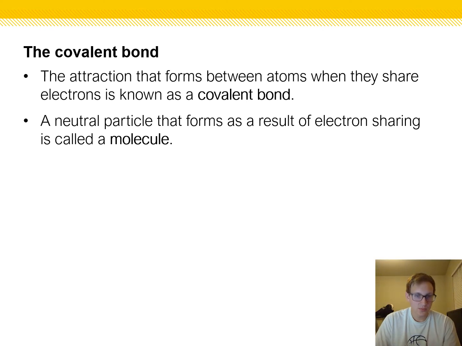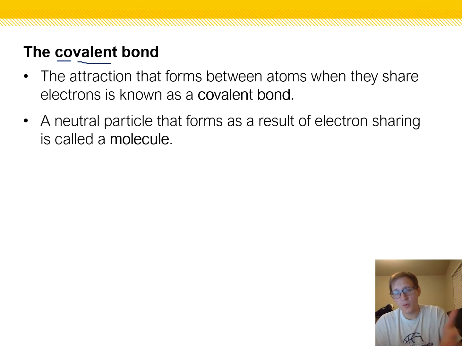Co, like cooperating with other things, basically being a team, and valent, as in valence electrons. They will be sharing valence electrons. That's literally what the word covalent means. They're taking valence electrons and cooperating with them.